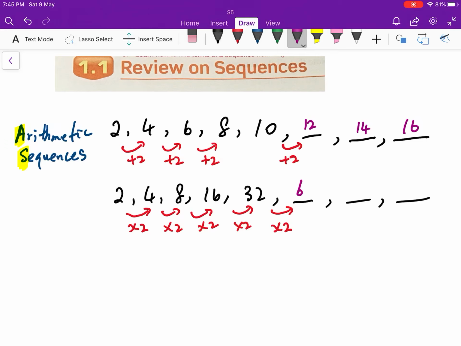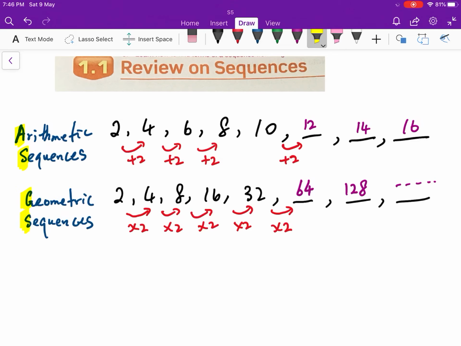It will be 64, then times 2 again, 128, times 2 again, okay? So every one of them you can guess, right? So that kind of sequence, we will call it geometric sequence. Okay, in short form, we will call it GS.